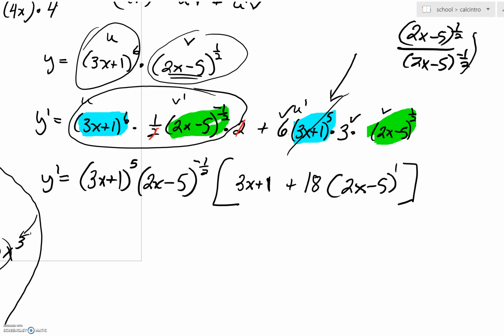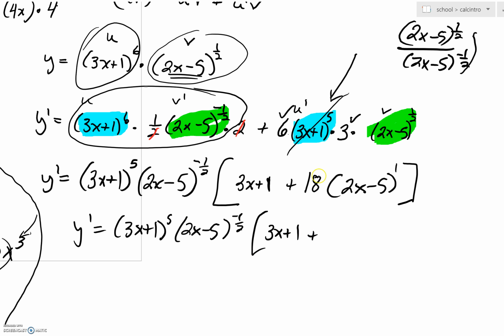You can see why. Inside now, you can say, well, I've got my 3x plus 1 to the 5th. I still have this 2x minus 5 to the negative 1/2. I've got to do some distributing. Let's see what we get. 18 times 2x, you get 36x. And 18 times 5, wow, I guess that's a 90, right? A minus 90.